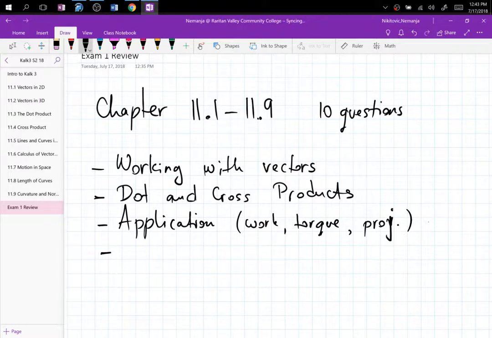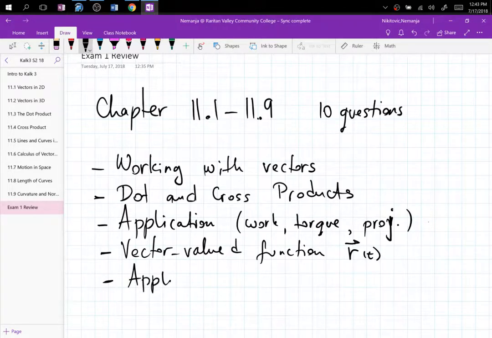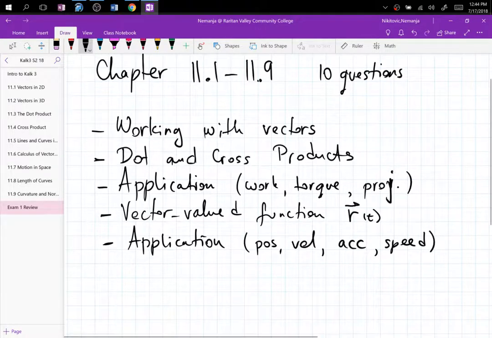Then we have a vector valued function R. Then we have applications, so application in terms of position, velocity, acceleration, speed, and that's all vector valued function.